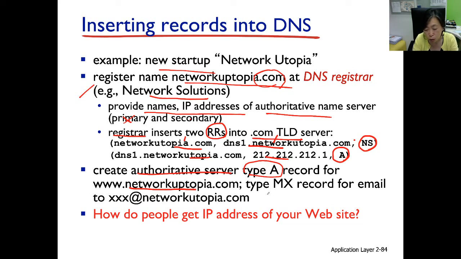If you wish to have email service, then you need to set up an MX entry maintaining the mapping from the mail domain to the mail server's host name. And maybe the IP address of the mail server entry, that's another A record in the authoritative server. All right, so that's how you get your customer to see the IP address and therefore be able to visit your website.